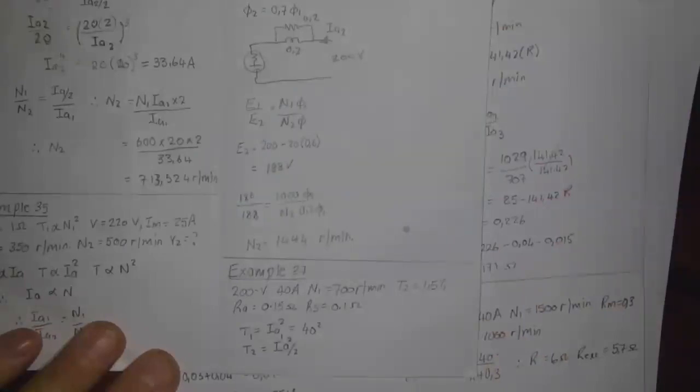And the armature resistance is 0.15, and the field resistance is 0.1. So torque is directly proportional to the current squared. So T1 will be 40 squared, and T2 is IA2 squared over 2.